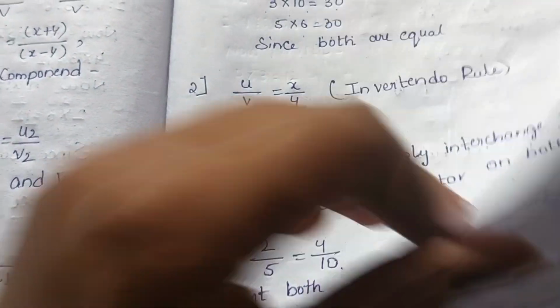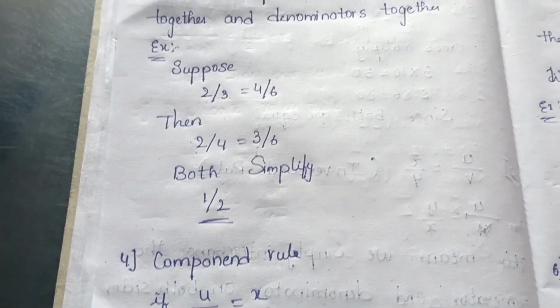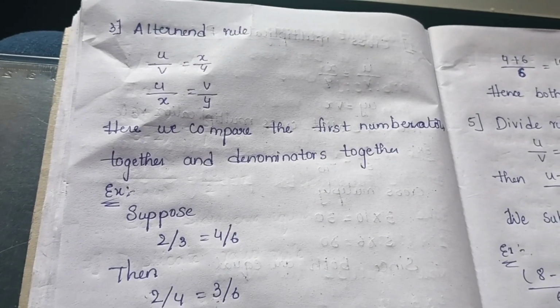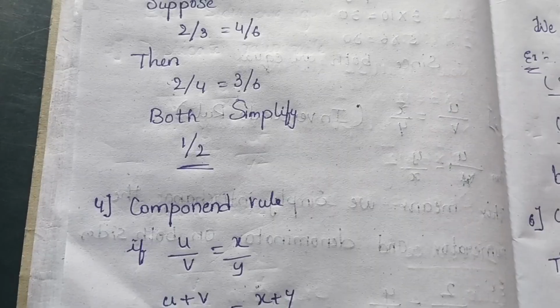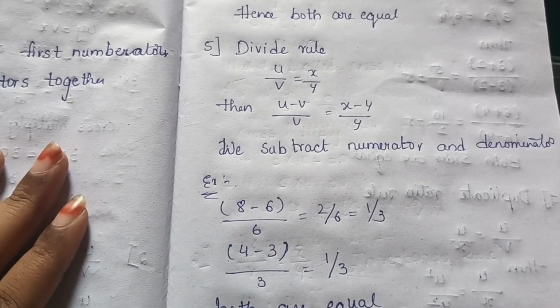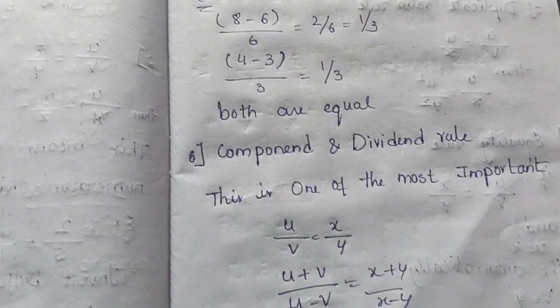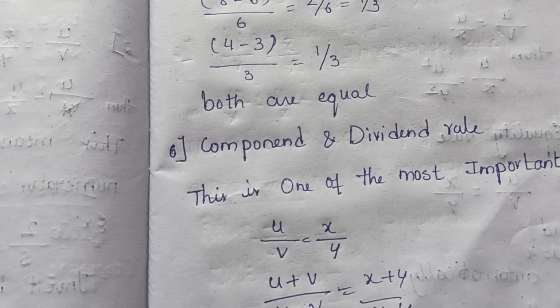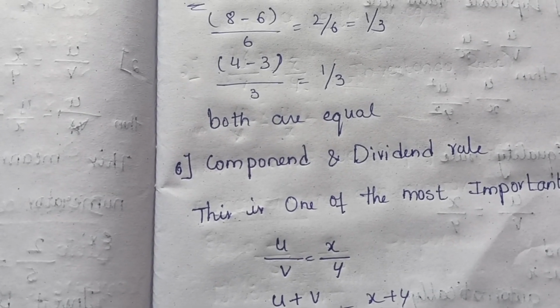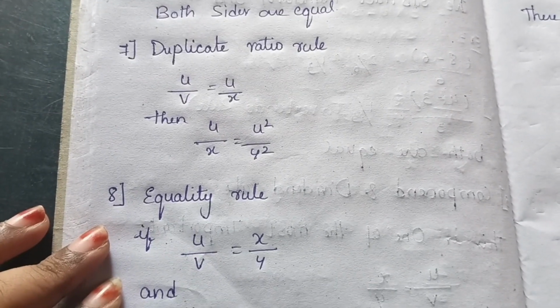Third is the alternate rule and fourth is the componendo rule, which adds numerator and denominator. Fifth is the dividendo rule, which subtracts denominator from numerator. Sixth is componendo and dividendo, addition and subtraction together. Seventh is the duplicate ratio rule and eighth is the equality rule.